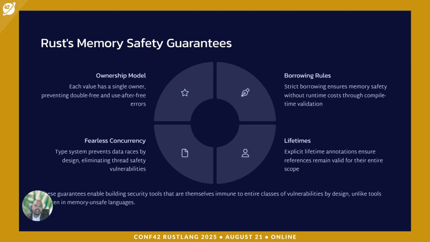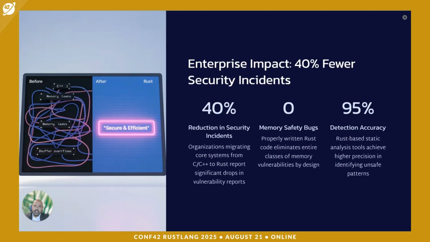And this is not just theory. When organizations switch to Rust, they see real-world results. Let's talk about the measurable impact it's having. Enterprise impact. The numbers speak for themselves. Enterprises migrating critical components from C++ to Rust have seen a 40% drop in security incidents. Properly written Rust code has zero memory safety bugs.